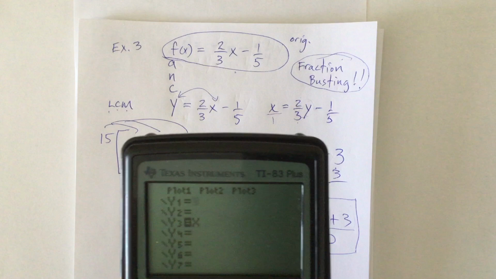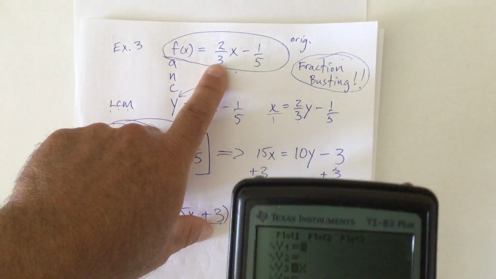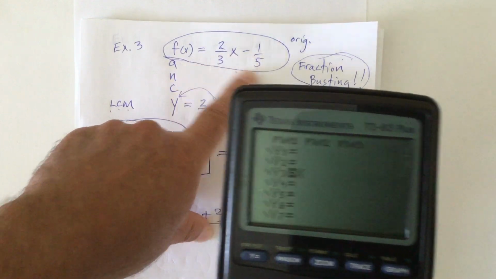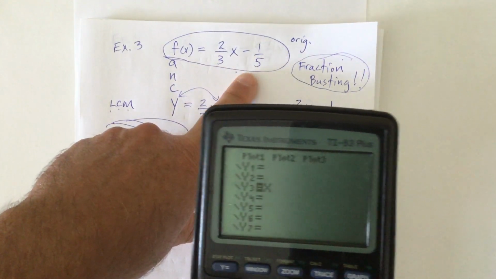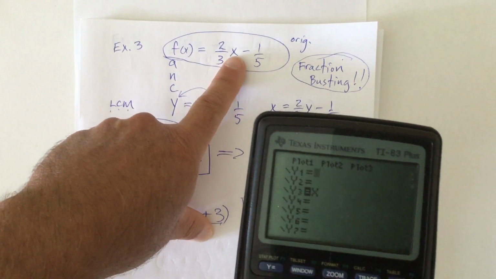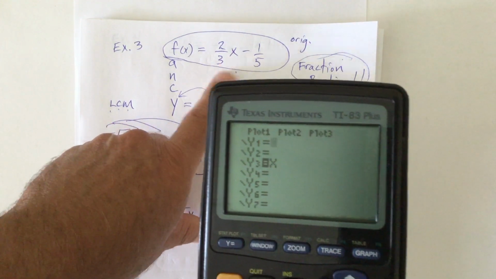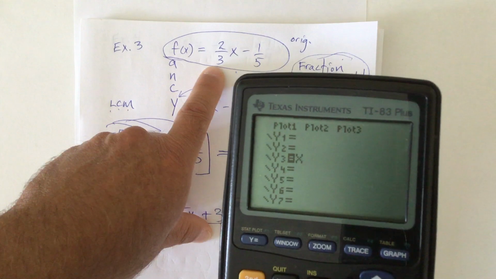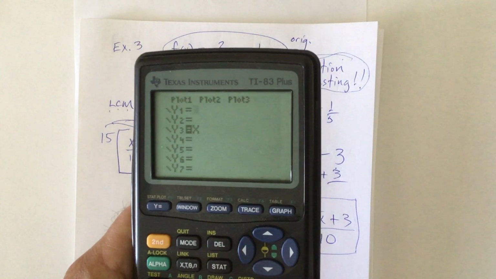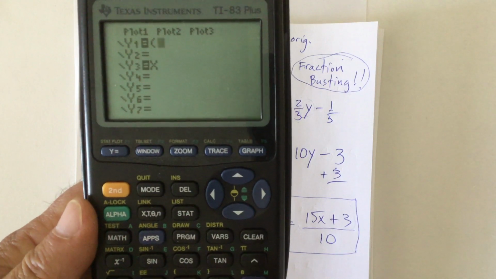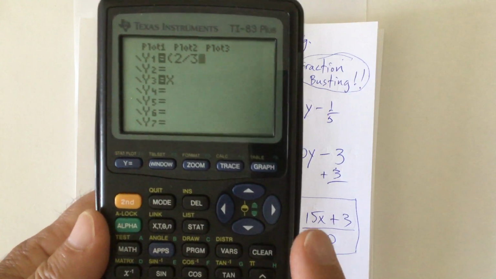But let's enter this in. Now, hey, see this guy? If I want to enter this in, be careful. Sometimes your calculator messes up fractions because it doesn't know where to put the x. Do I put the x on the top or the bottom? So, guess what? Here's what I'm going to do. I'm going to put the fraction part in parentheses. I'm going to say parentheses 2/3. 2 divided by 3, close the parentheses.